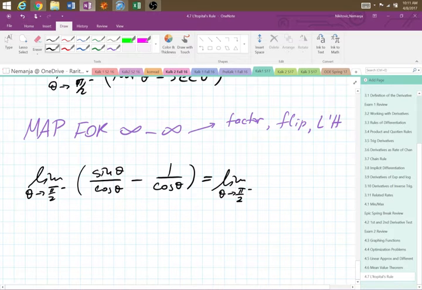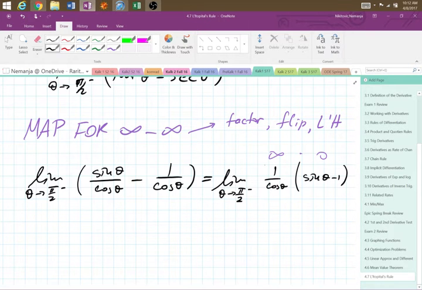So now I'm factoring 1 over cosine theta times sine theta minus 1. And if you look at this, cosine of pi over 2 is 0, so that one is infinity. Sine of pi over 2 is 1. 1 minus 1 is 0, so you have 0 times infinity, and you can now use the trick, which is to flip.